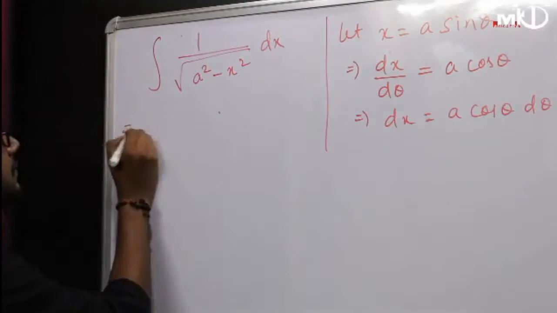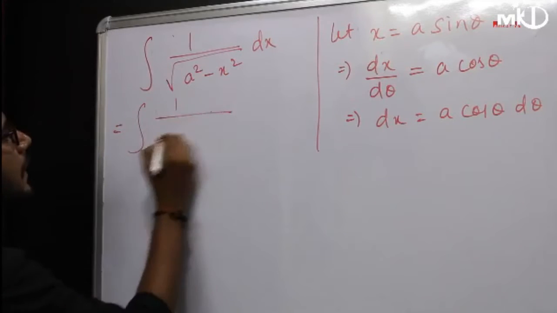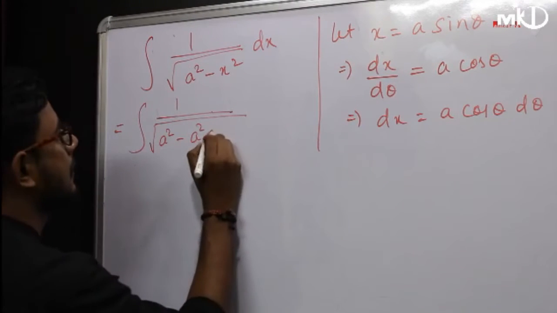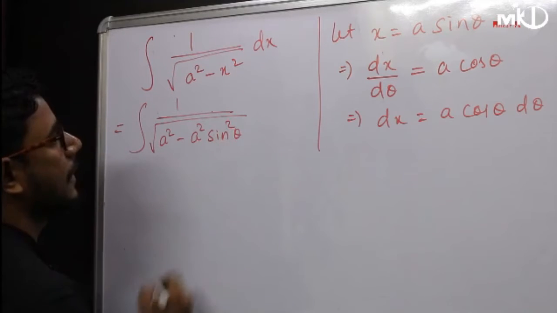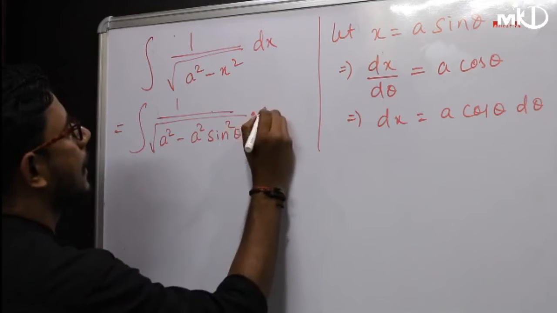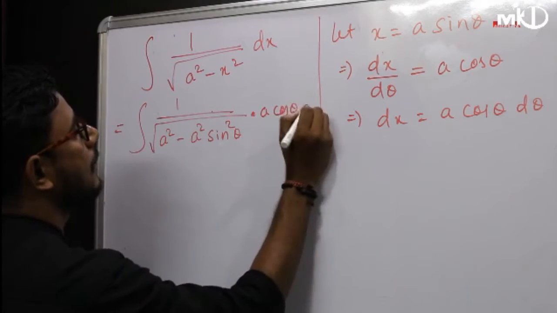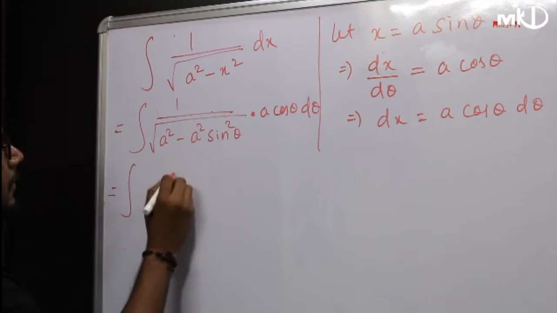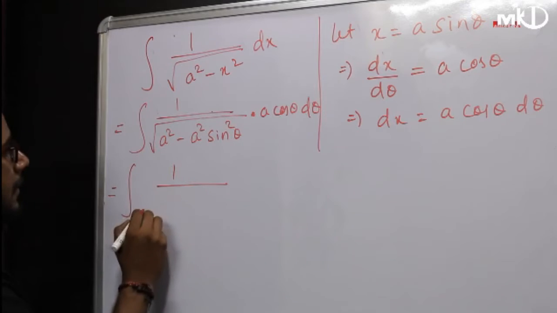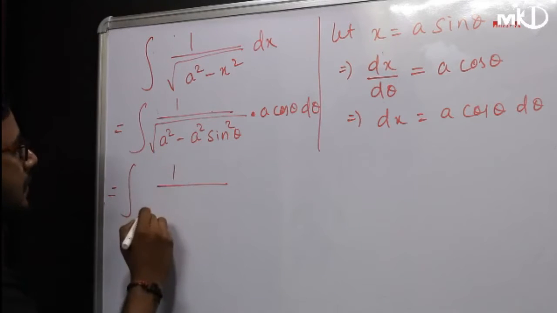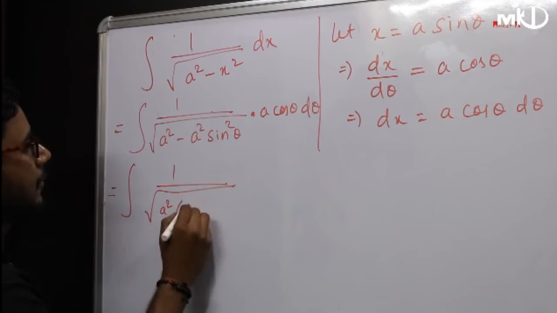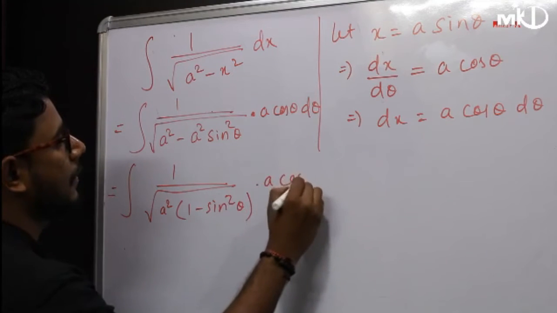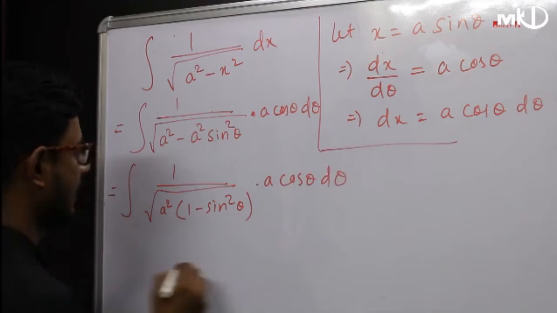Now substitute. This becomes 1 by square root of a square minus a square sin square theta, into a cos theta d theta. If we take a square common, it is a square into 1 minus sin square theta, into a cos theta d theta.